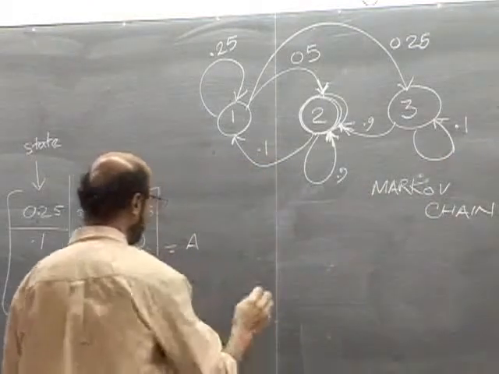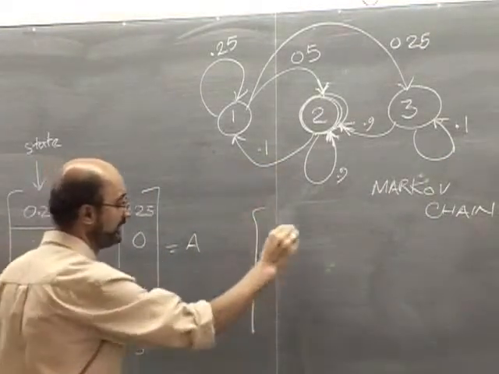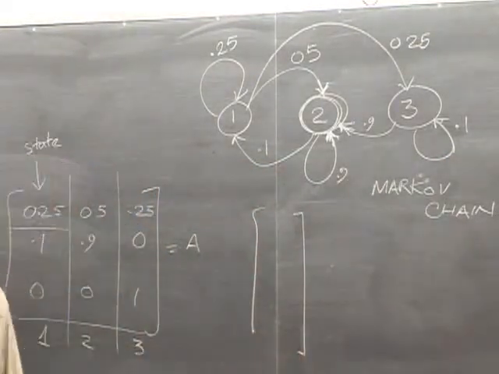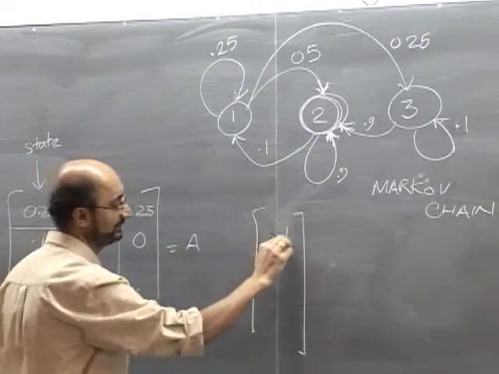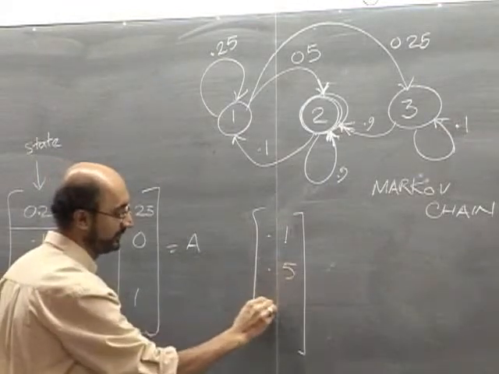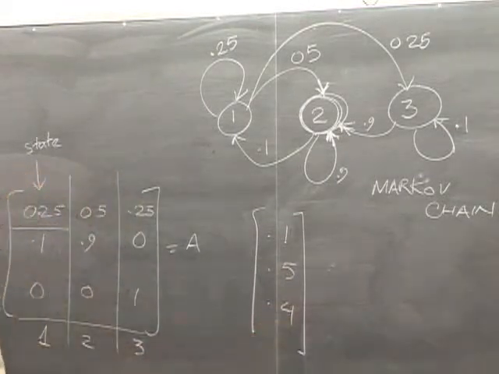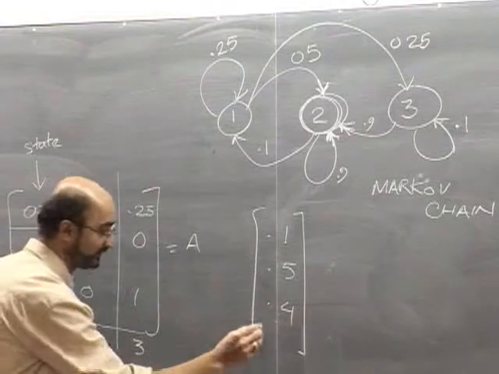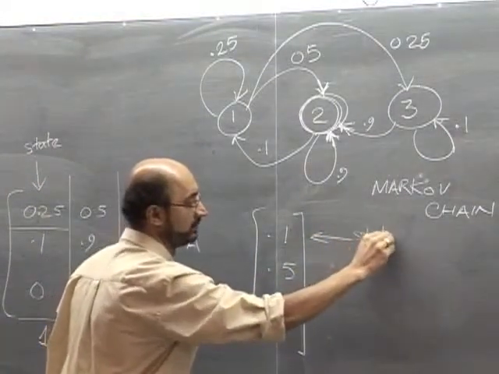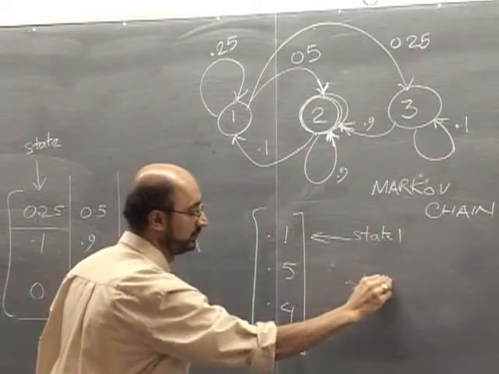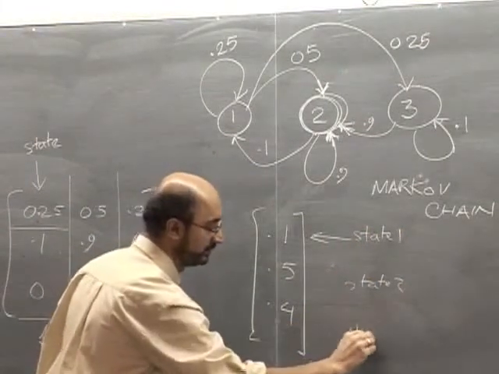Let's say I have some matrix which represents the probability of being in some particular state. Let's say the probability of being in state 1 is 0.9, then 0.5, and this is 0.4. These are probabilities of being in a particular state. So I'll write the state this way: this is state 1, this is state 2, and this is state 3.